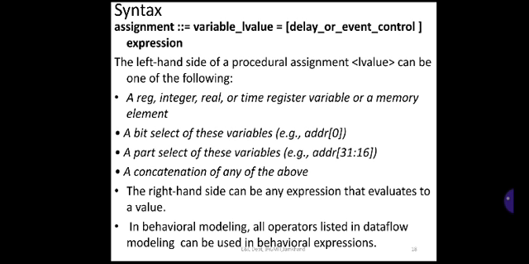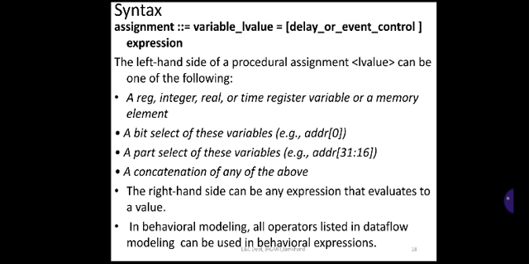It can also be a bit select of these variables: if the variable is a vector, only one particular bit can be selected. It can also be a part select. For example, out of 12 bits, if you want to use only 4 or 6 bits, you specify from which bit to which bit.